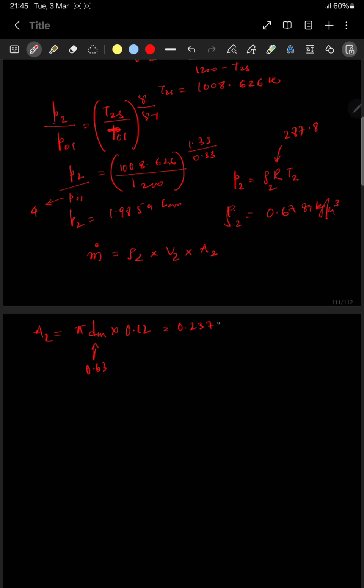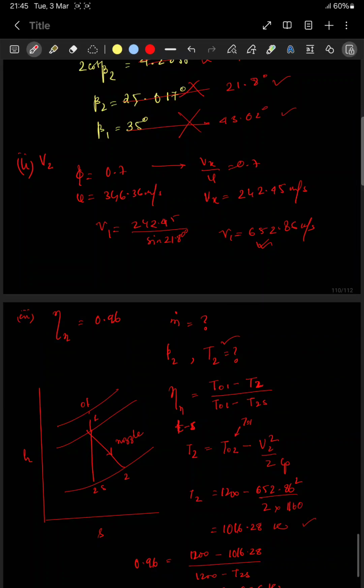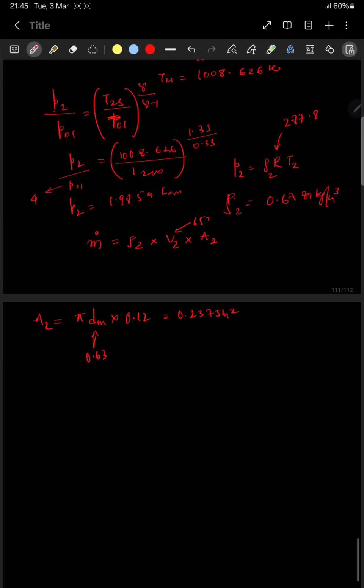So A2 is 0.2375 meters square. So we know all these values. V2 is how much? 652.86. This is rho 2, which is 0.6789, into V2, which is 652.86, into the area.